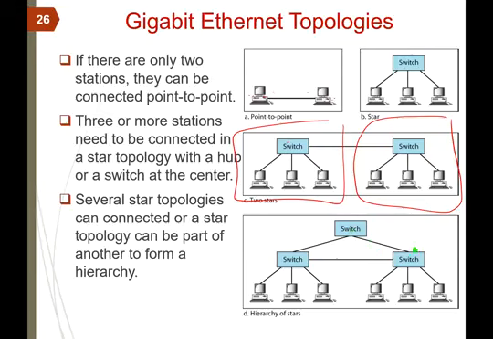You see, this is a hierarchical topology, so two stars connected with a switch. This is for redundancy. You can go this way, or if this connection is broken, for example, you can still use this path to communicate. We'll study these when we study the spanning tree protocol.